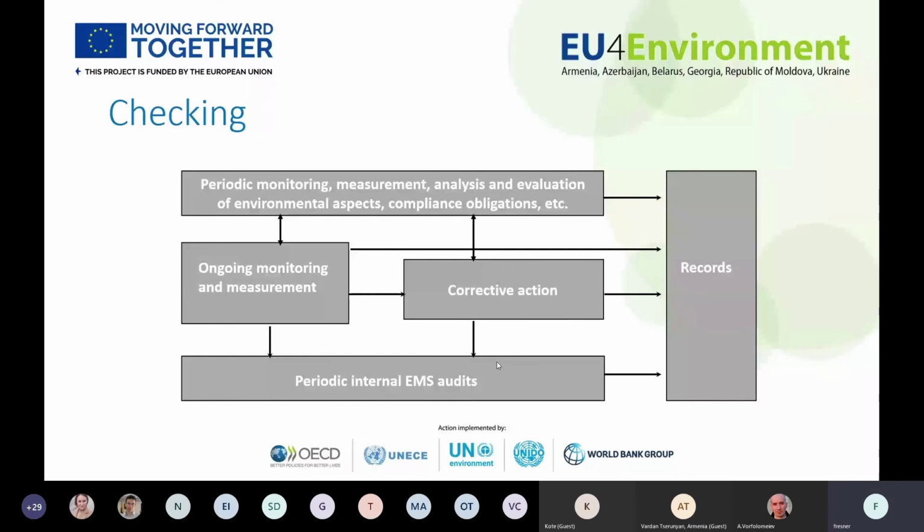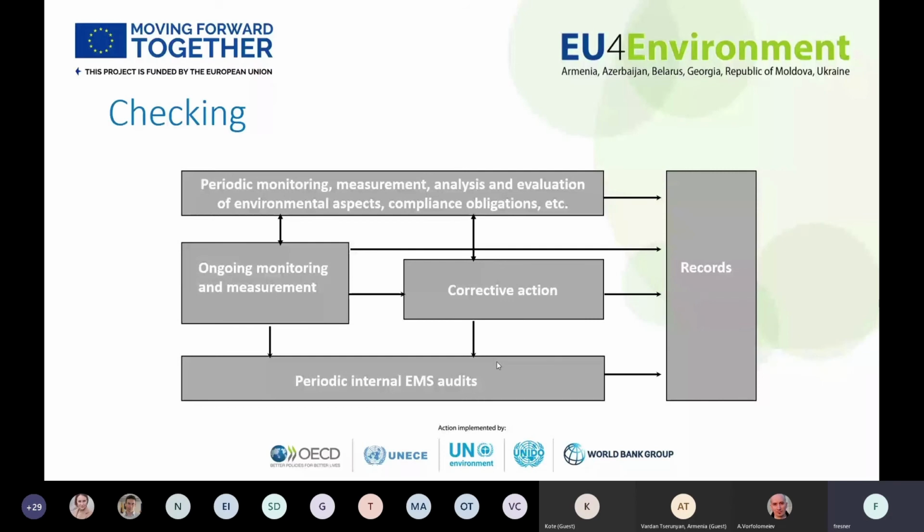And whether this process works or not should be identified in the internal audits, because it will happen that something breaks, that something is not working as it should. But the mechanism for how we identify these and how we act is part of our environmental management system. And during the audit, we see whether this has worked or not.